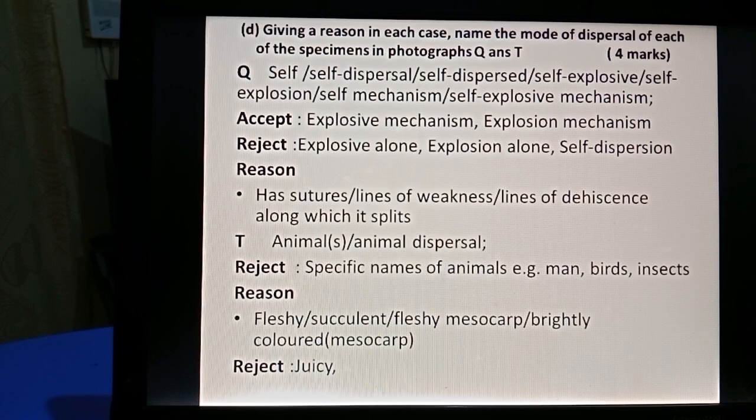Giving a reason in each case, name the mode of dispersal of each of the specimen in photograph Q and T. For Q, self-dispersal, or you can say self-dispersed, or self-explosive, or self-explosion, or self-mechanism, or self-explosive mechanism.